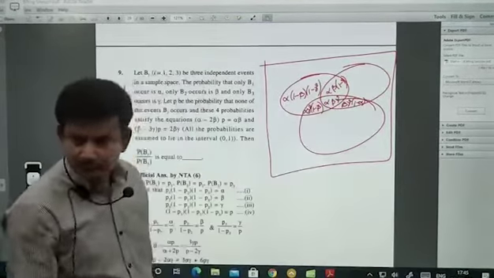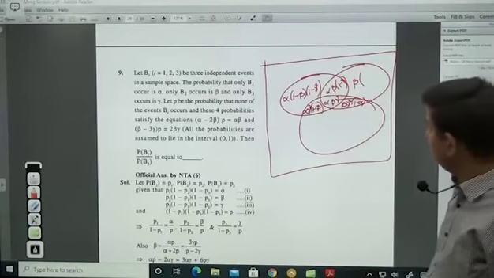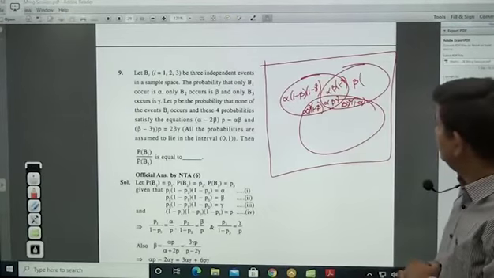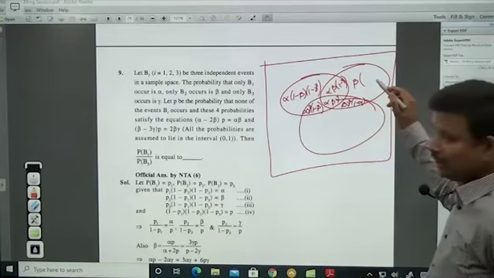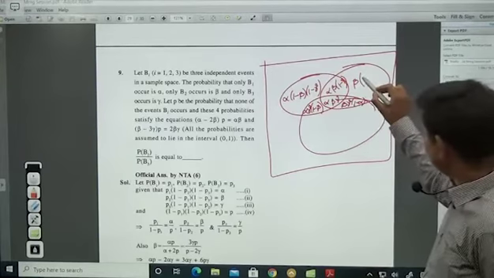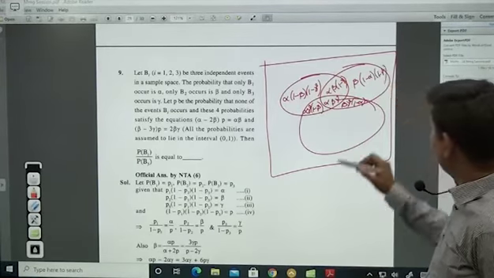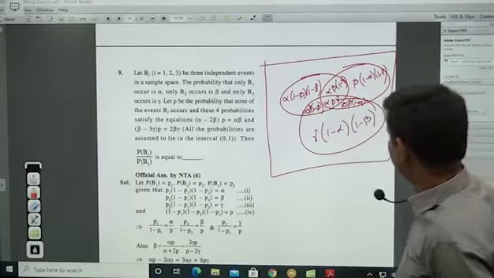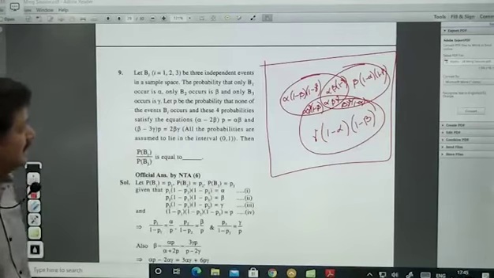This is beta but not alpha and also not gamma. This is gamma but not alpha and also not beta. These are the probabilities given.